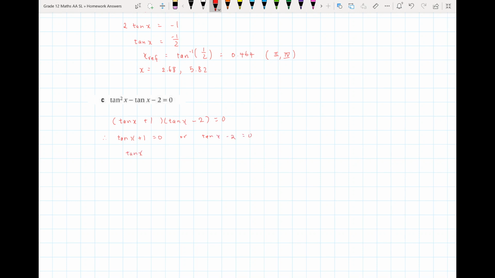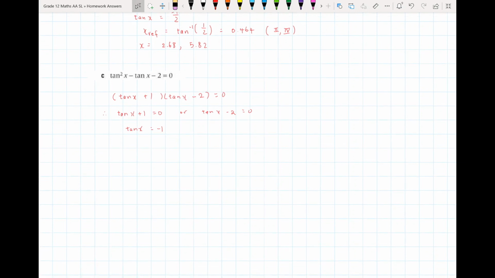First of all, we have tan x equals -1, or let's do the left-hand side first. So -1, technically you don't need a calculator because this is at 45 degrees. In terms of radians, this will be pi by 4.